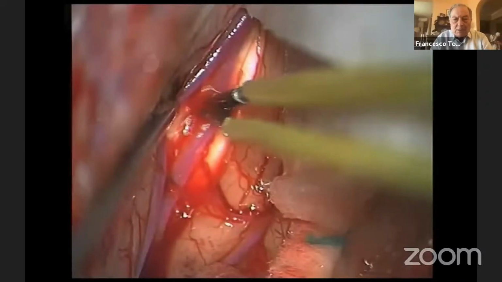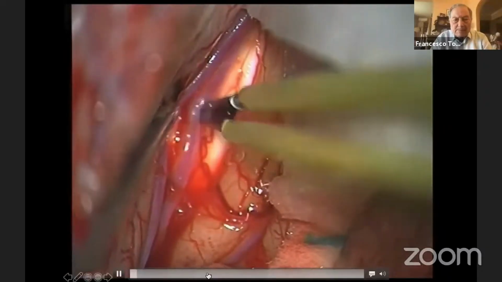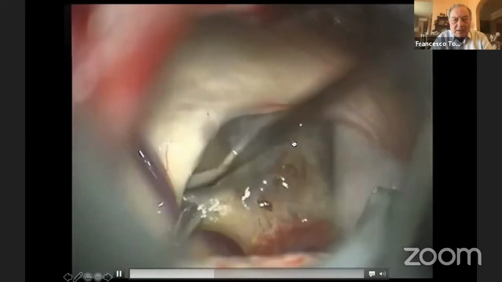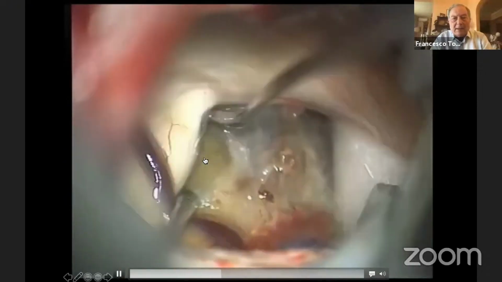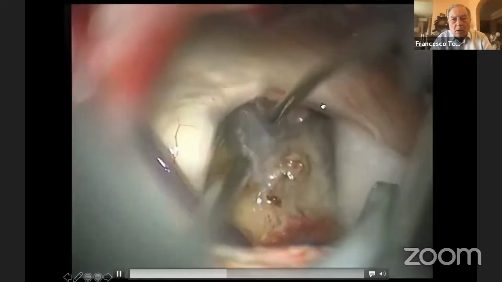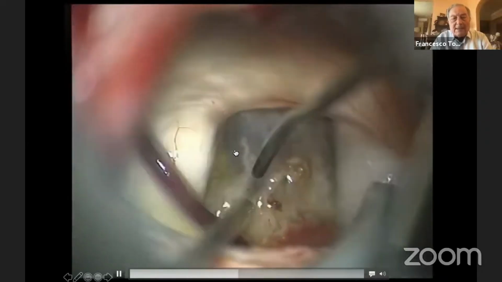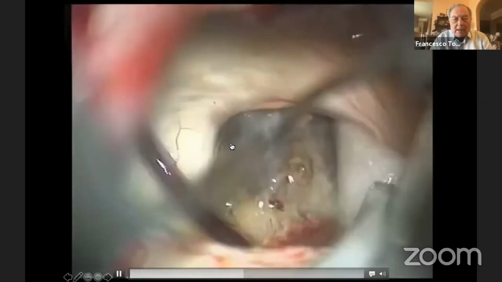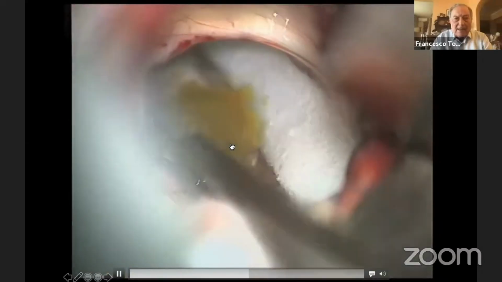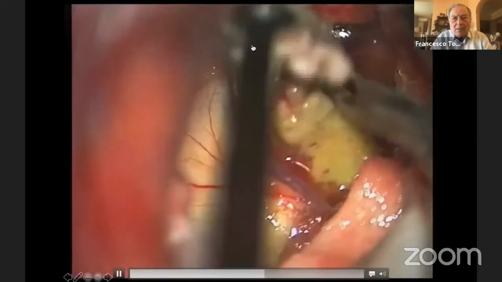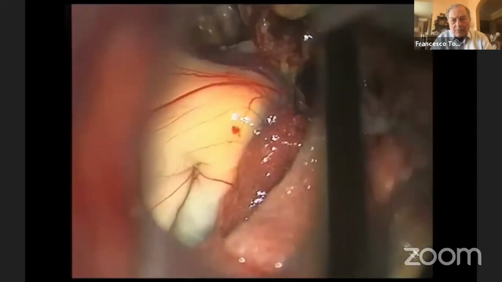And just to see which is the relationship in another craniopharyngioma with the border of the fornix. And in this case it is easier to dissect the craniopharyngioma from the border of the fornix and to remove it piecemeal.